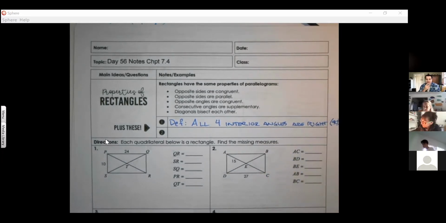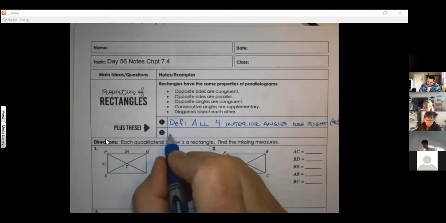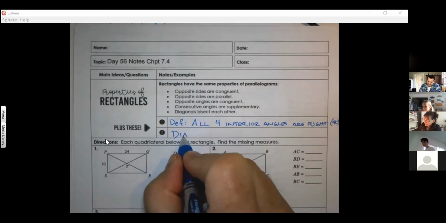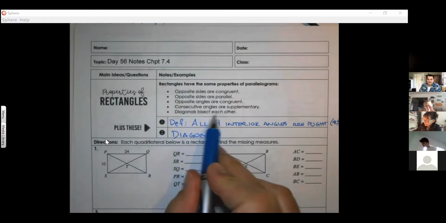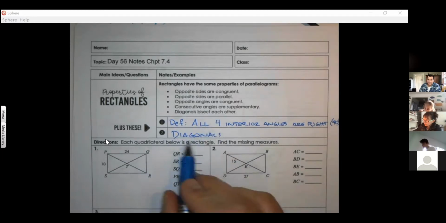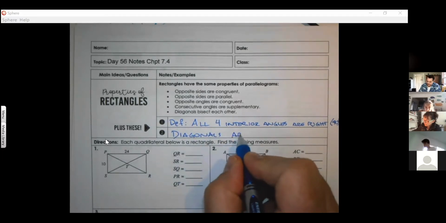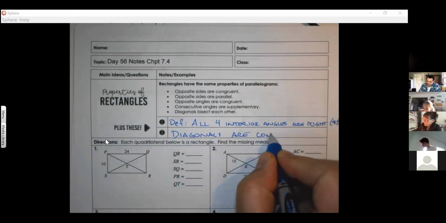All four of the interior angles are right angles or 90 degrees. And the one we just came up with. The diagonals, not only do they bisect each other like they did for the parallelogram, but the diagonals are congruent.